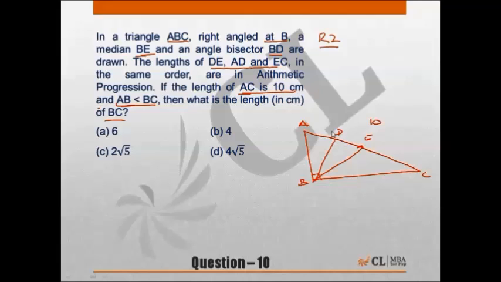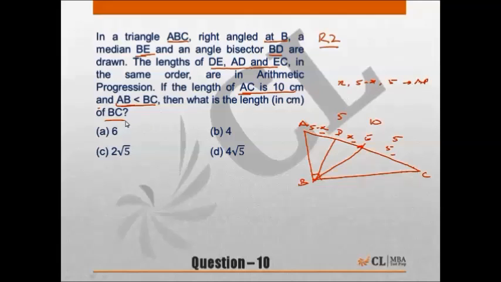Now the question says lengths of DE. Now since AC is 10 centimeters, AE should be half because E is the median. So this should be 5 and this should also be 5. So if this is X, this should be 5 minus X and this is 5. So the question says, if the length DE is X, 5 minus X and 5, these three are in AP.